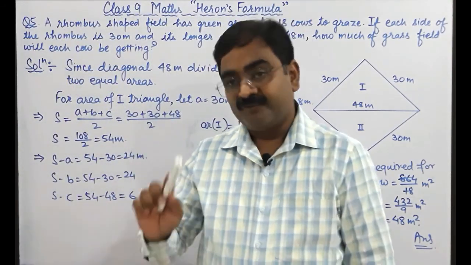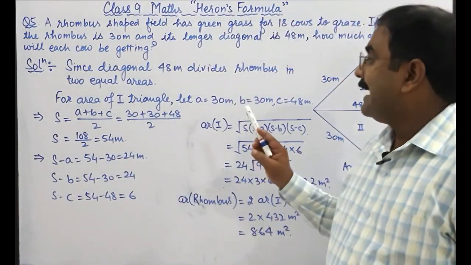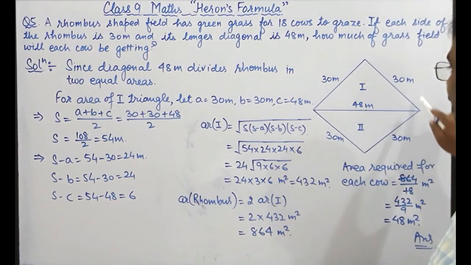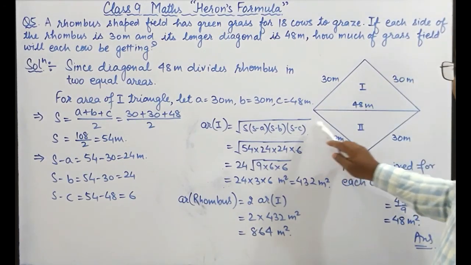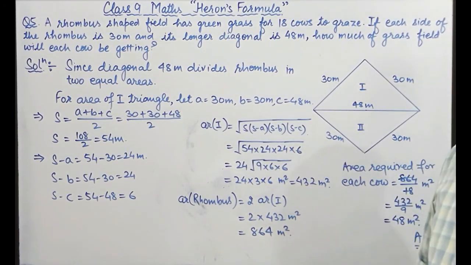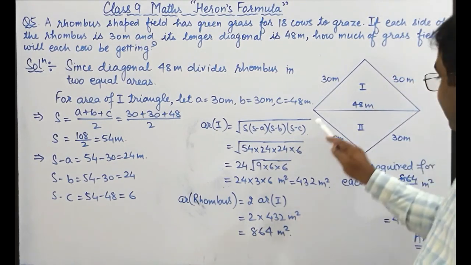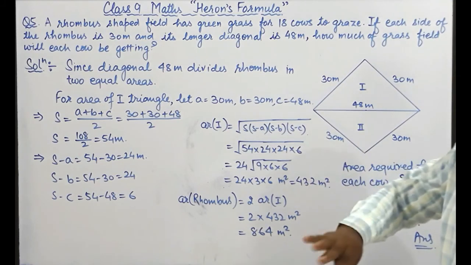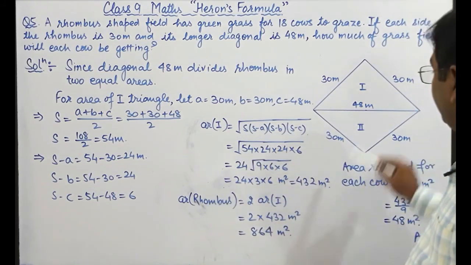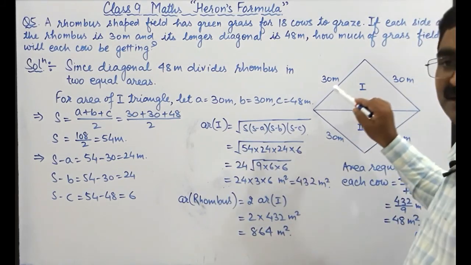So once again, understand this question: this rhombus is given and one of its longer diagonals is also given. So the measure of each and everything was given. This diagonal divides this rhombus into equal areas, so we need to find the area of this first triangle.